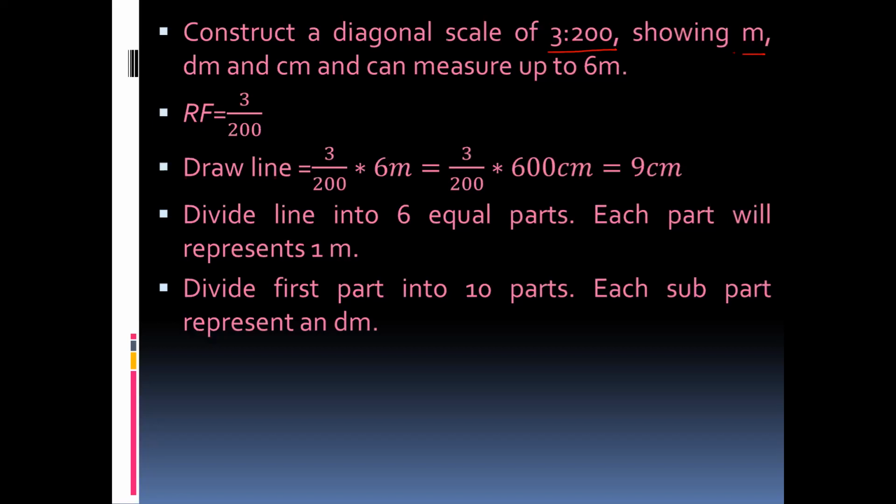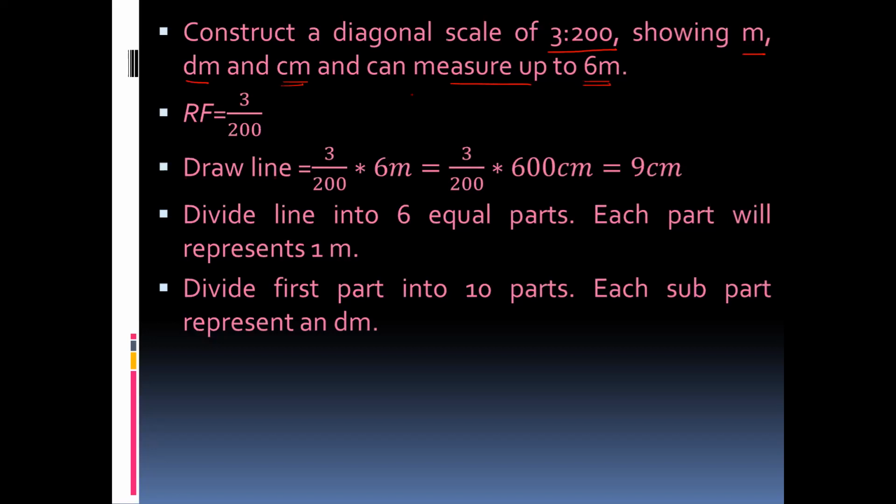This is the larger unit, then decimeter, and its smaller unit is centimeter. Okay, so we have to show all these units on that graphical scale, and the maximum distance that we want to measure is up to 6 meter.